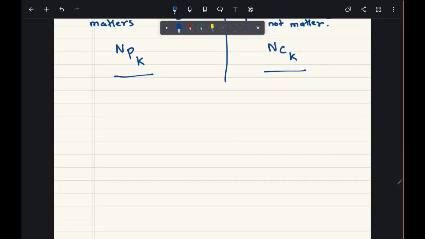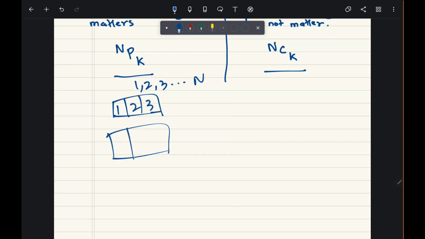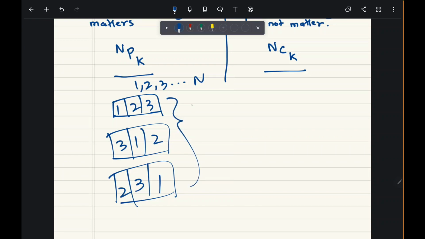And what is the difference between those two? So the way we did permutations, you had a total of n numbers here, and then you could pick and arrange them, let's say 1 2 3, or maybe 3 1 2, or 2 3 1, and these were different valid cases in case of permutations.